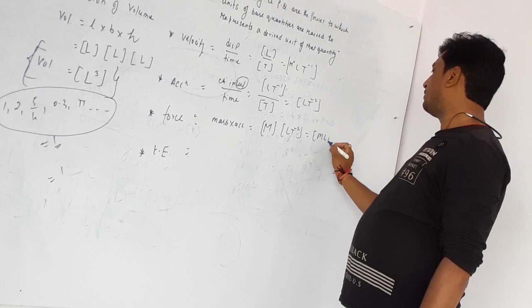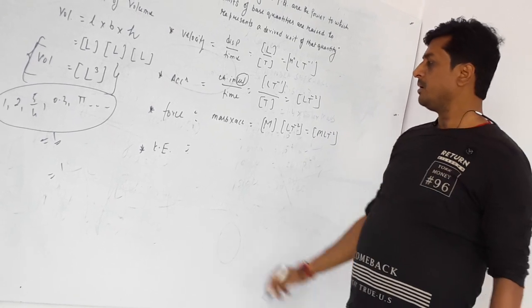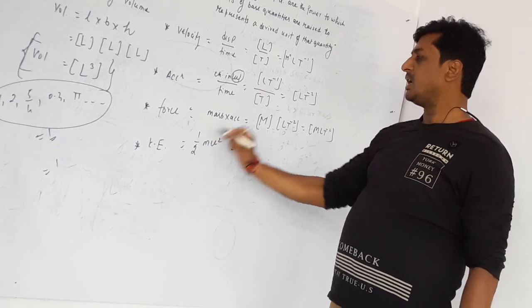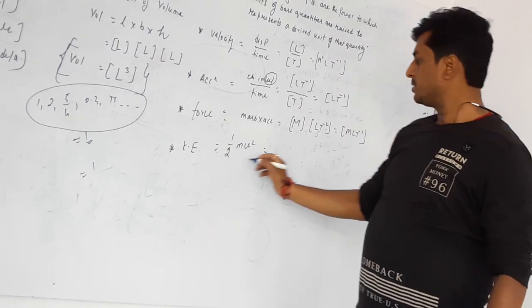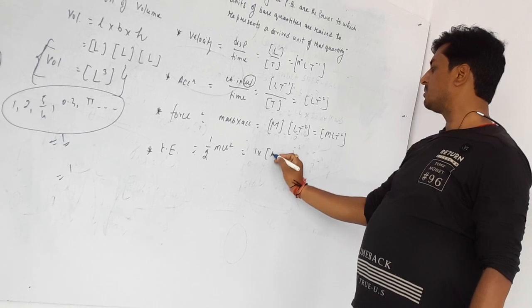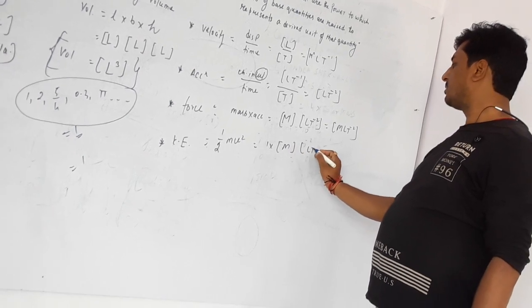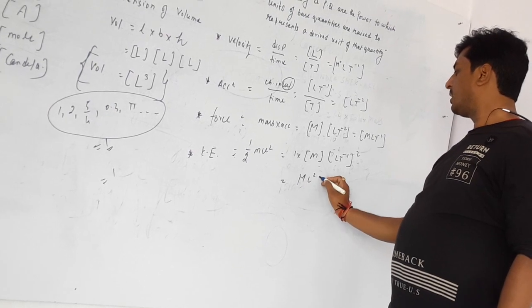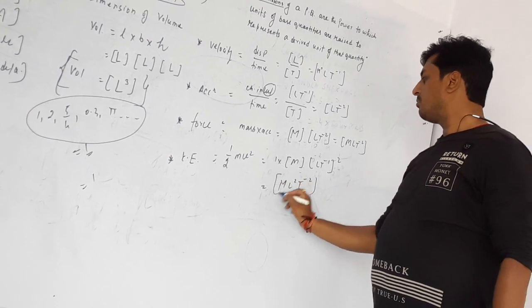On combining, you will get MLT minus 2. Kinetic energy is half mv square. Half is a numeric value, so it will be 1. Mass M. Velocity LT minus 1 whole square. Now it will come M L square T power minus 2.